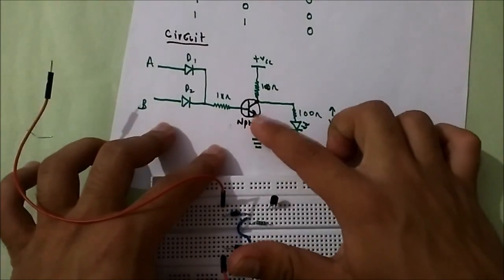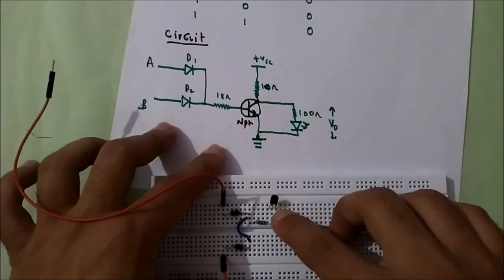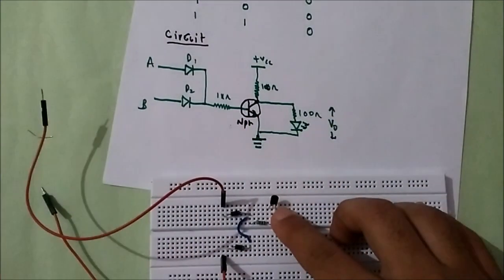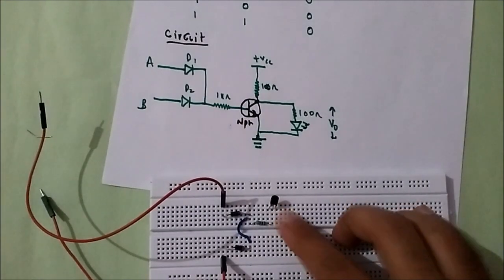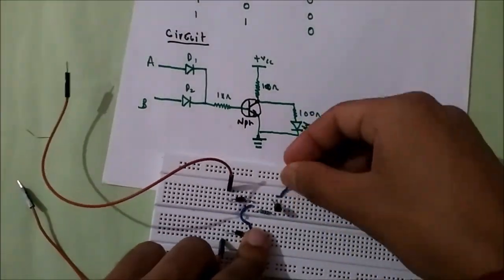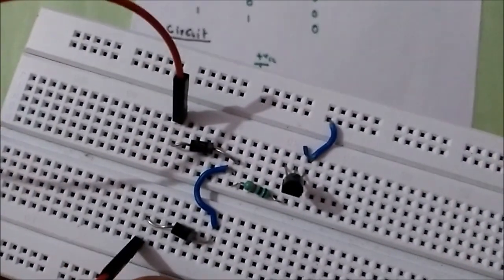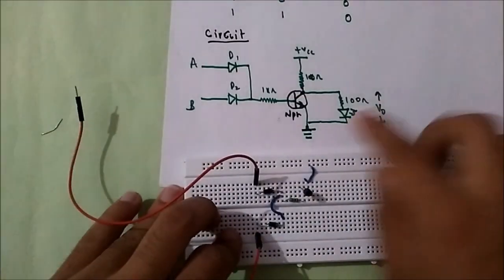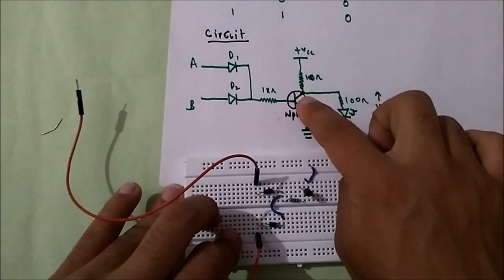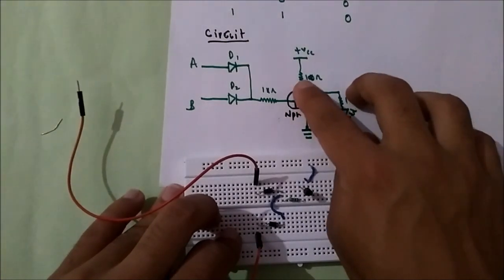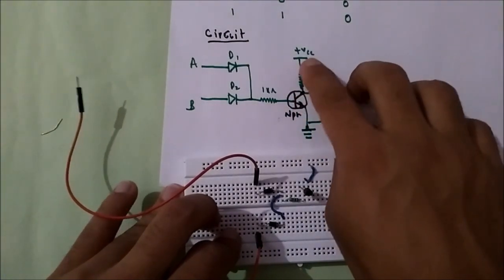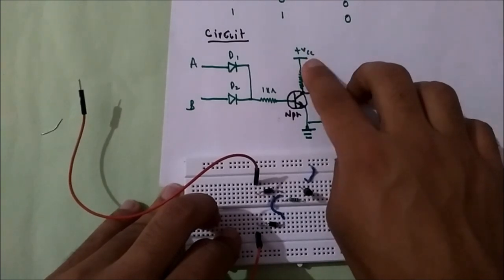Now here the emitter terminal is directly grounded, that means the third terminal can be directly connected to ground. Okay. So here it is, the emitter terminal is directly grounded. Here you can see the collector terminal is connected to a 100 ohm resistor and then to the positive terminal of a battery.